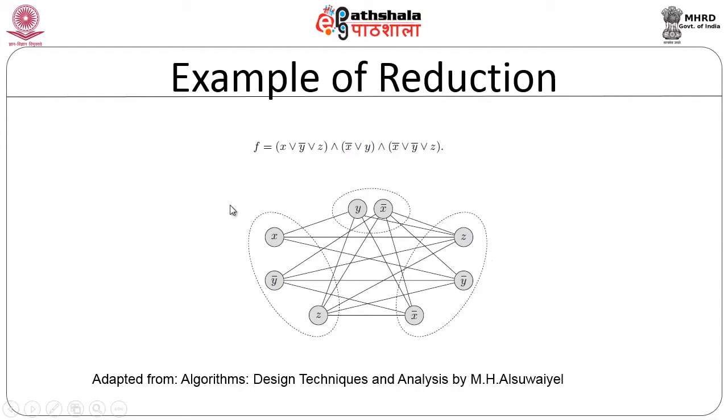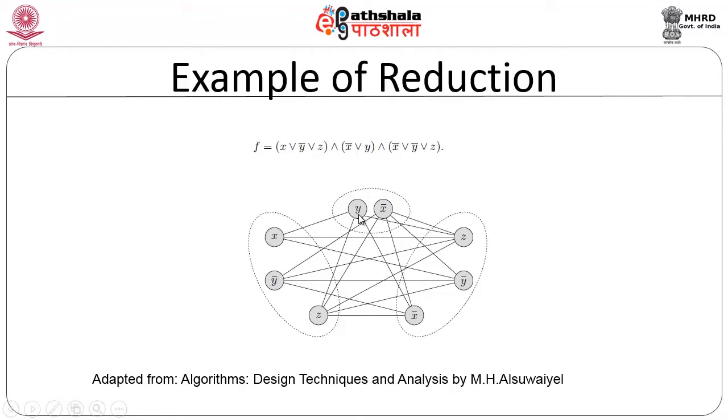Now you can see that x is connected to all other literals in other classes like y, then z, then y bar and so on. But x is not connected to x bar, and similarly x is not connected to this x bar. Similarly, y bar is not connected to y.